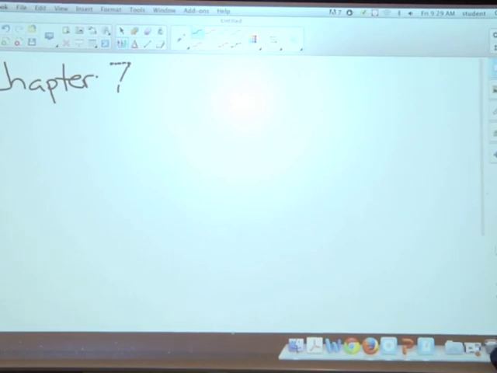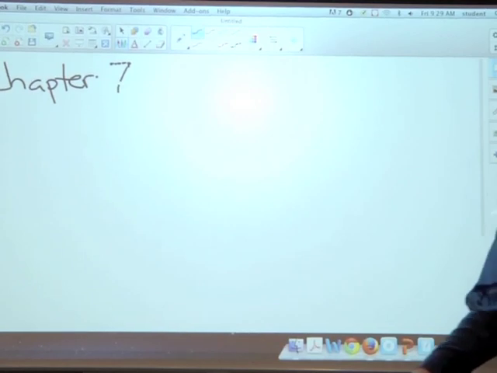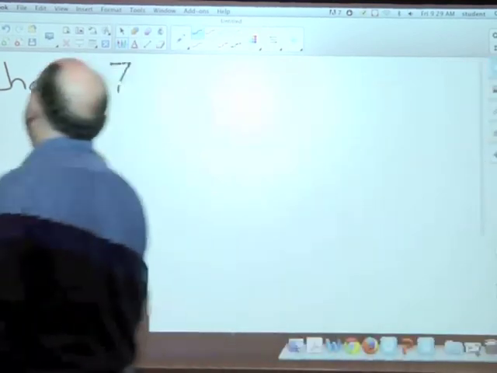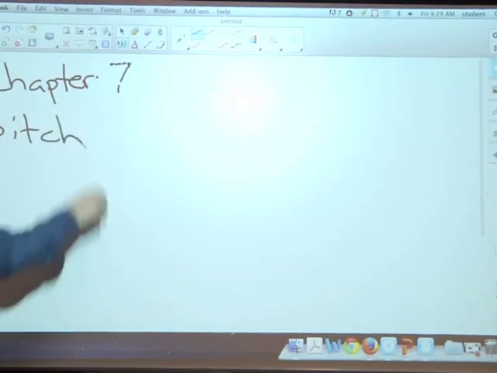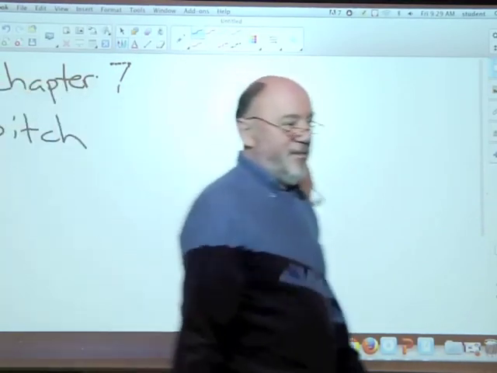So first off, what is pitch? There's a definition in the book, right? Pitch is an attribute of auditory sensation in terms of which sound may be ordered on a scale extending from low to high. Right.